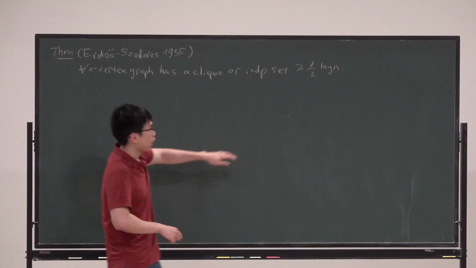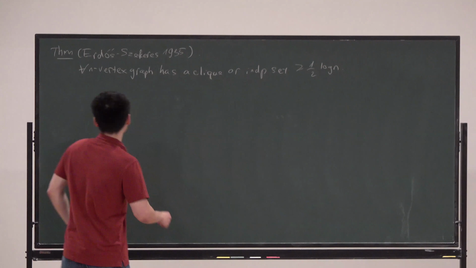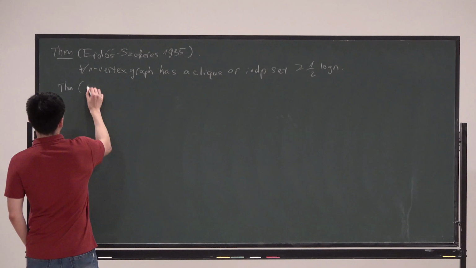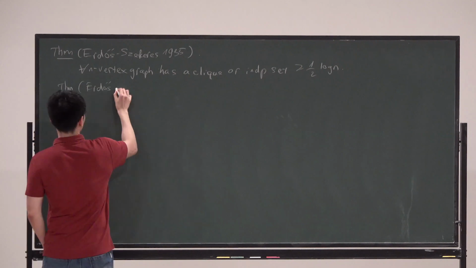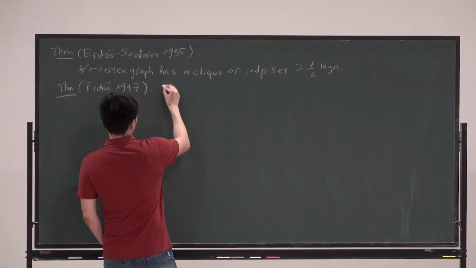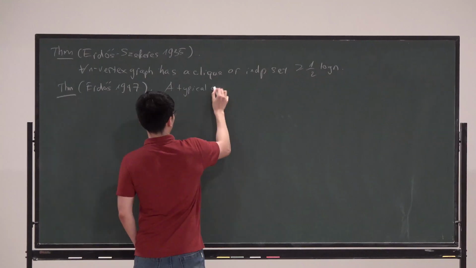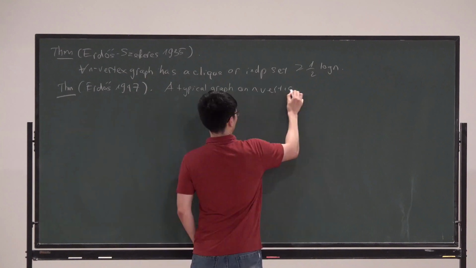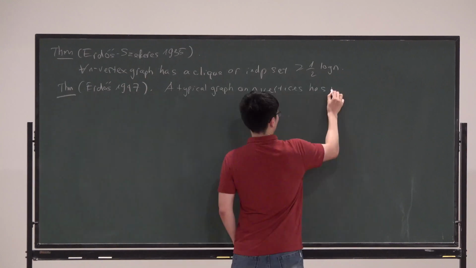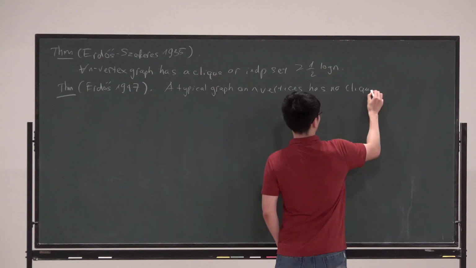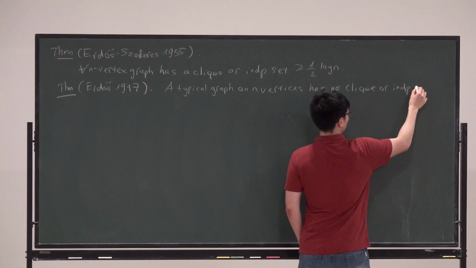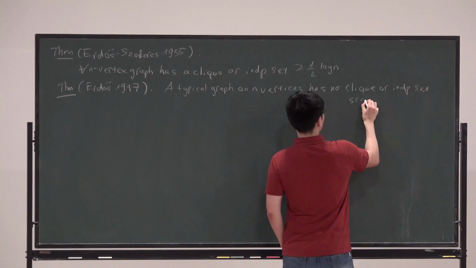It's not hard to show, and again, this is a theorem of Erdős from 1947: a typical graph on n vertices has no clique or independent set of size at least 2 log n.